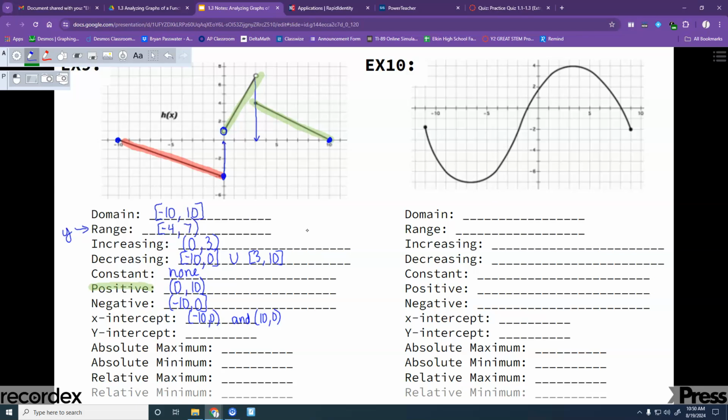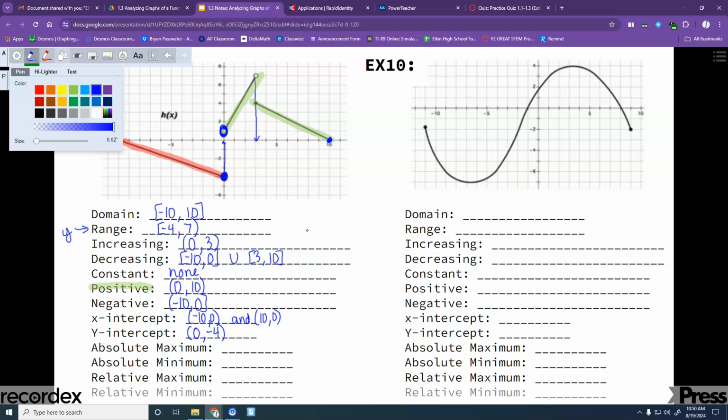Y-intercept, if it is a function, and that's what we're looking at here, functions, you should only have one of those. What is our Y-intercept? It's not positive 1 because that's an open circle right there. So that's not included. It's going to be right here at negative 4. So we would say that's 0, negative 4.